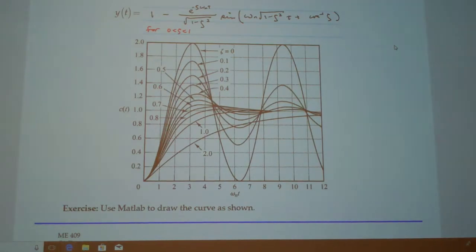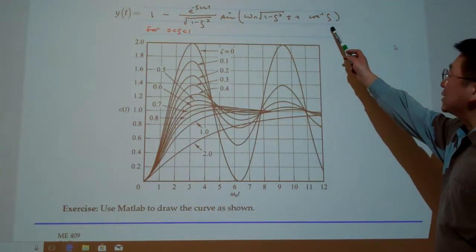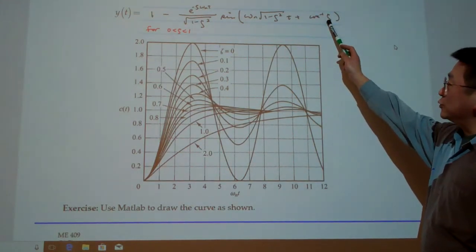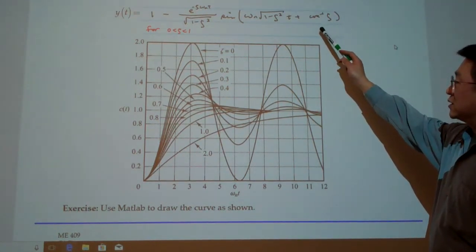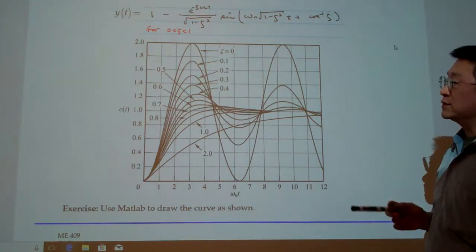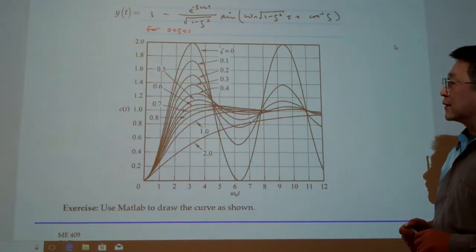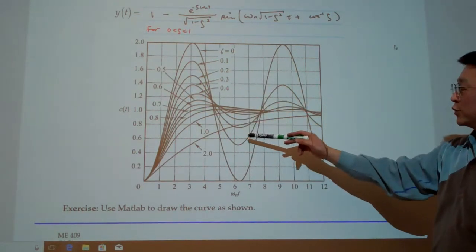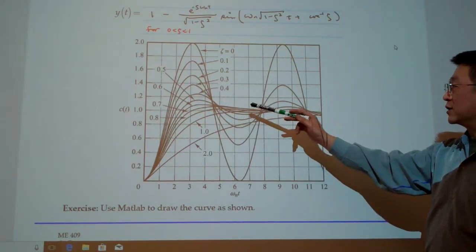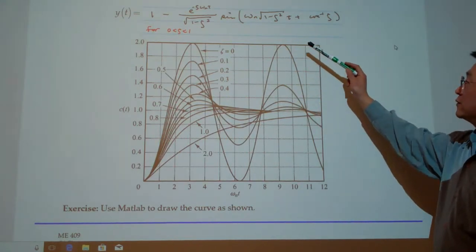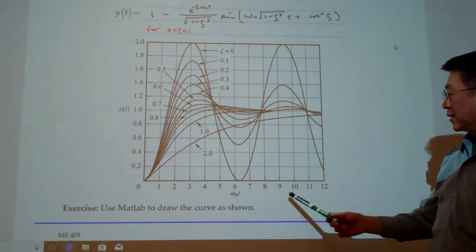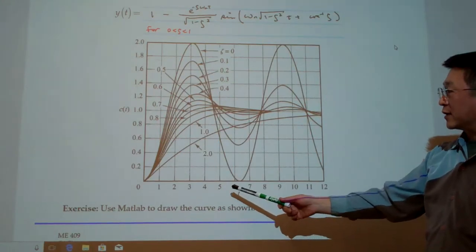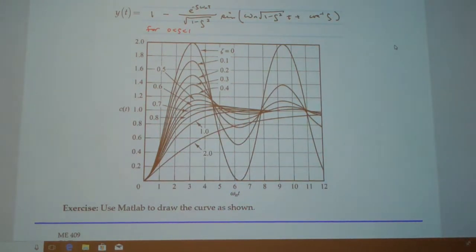These are the solutions of the second order systems to unit step input. If we use numerical simulation, we can draw the different curves for different values of zeta, and then we scale to omega n. So that is the response.